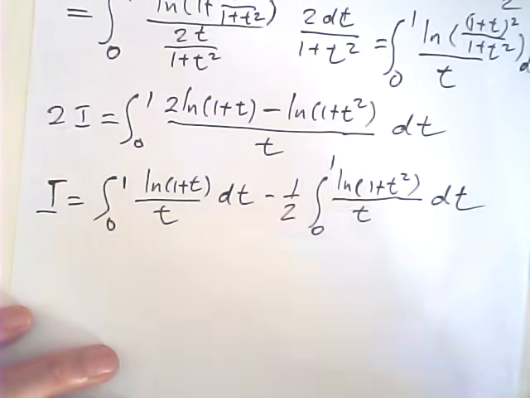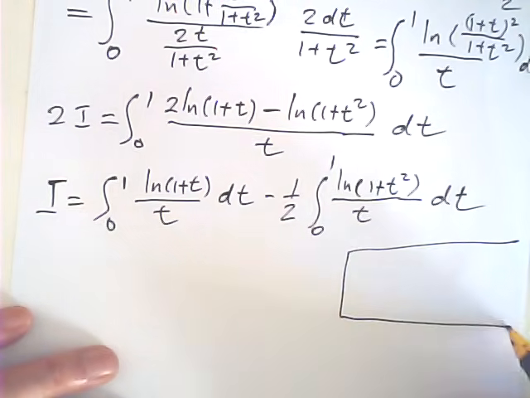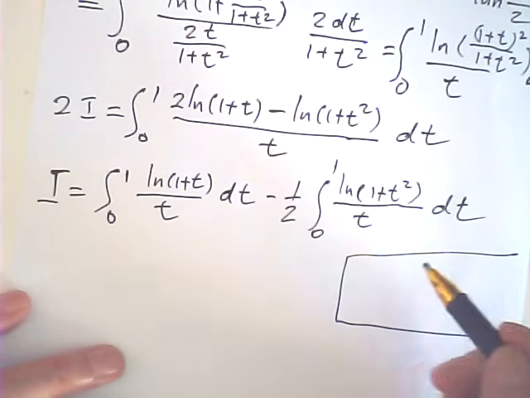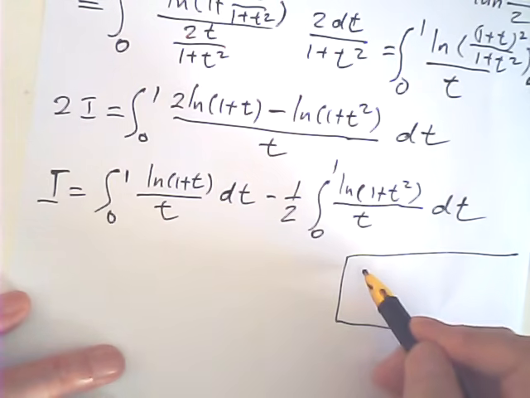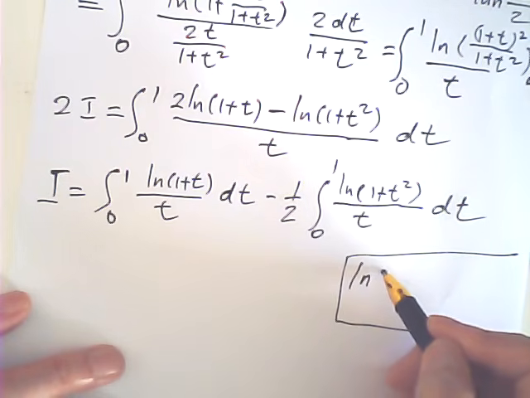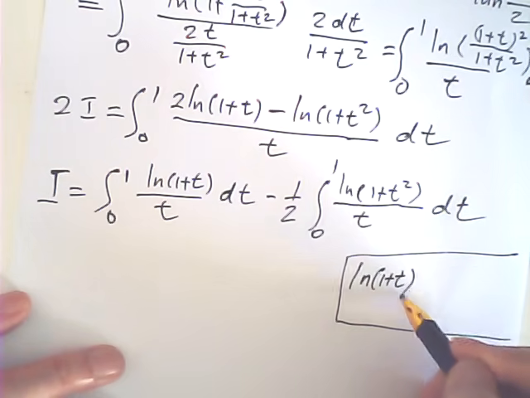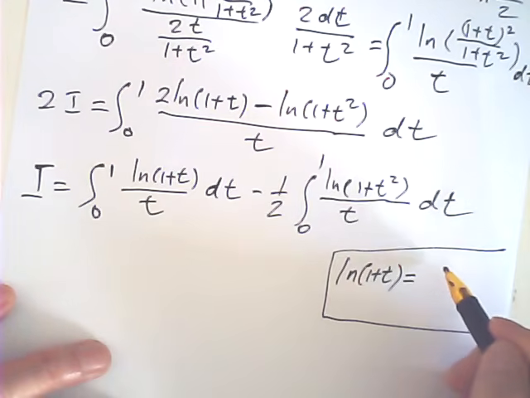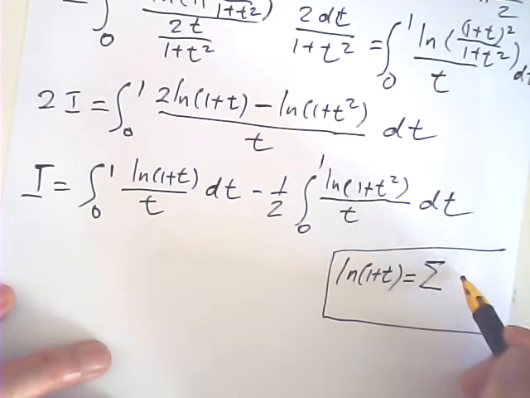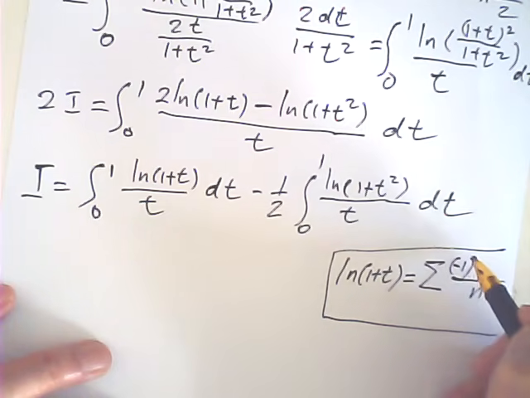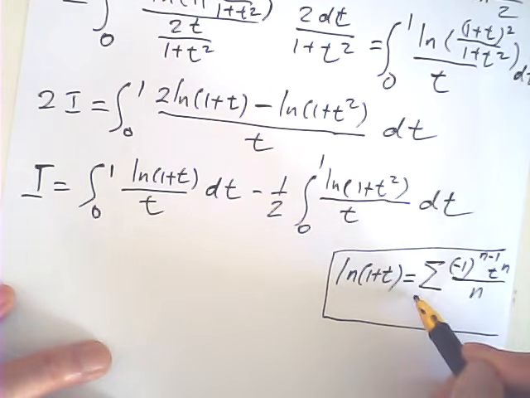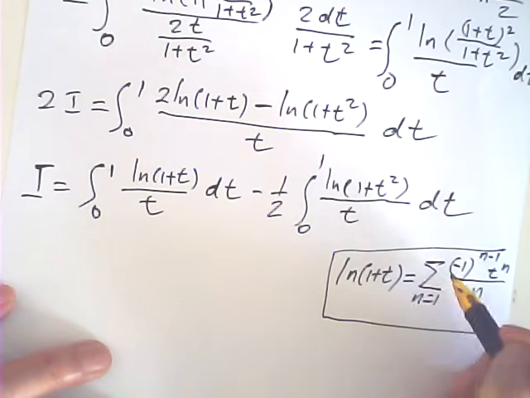Now then, use the expansion of a log function. Log (1 plus t) is equal to sigma n from 1 to infinity of negative 1 to the n minus 1, t to the n, over n.